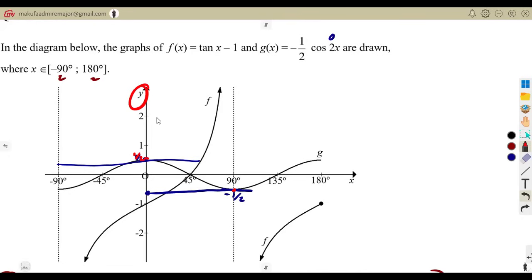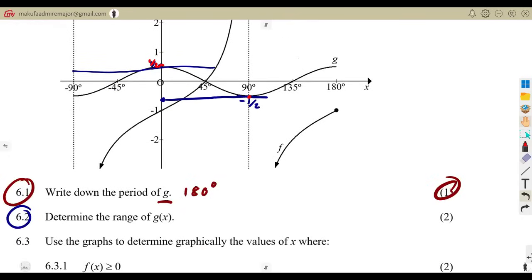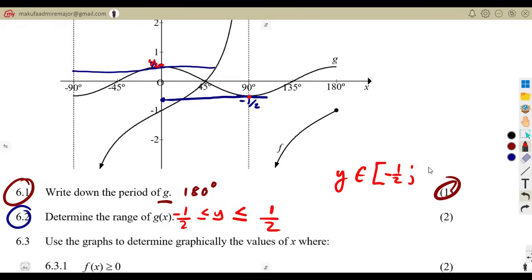In terms of the y values, it will be taken in between minus half up to a half. So y is limited in between those. It must be greater than or equal to minus half. The same y must be less than or equal to a half. In between, y is supposed to be taken from minus half to a half. Okay, so that's the consideration there.